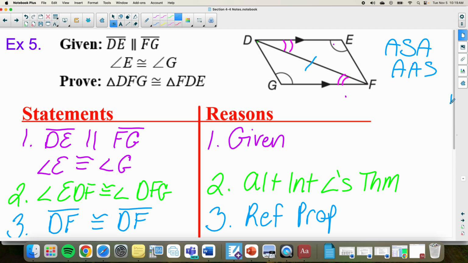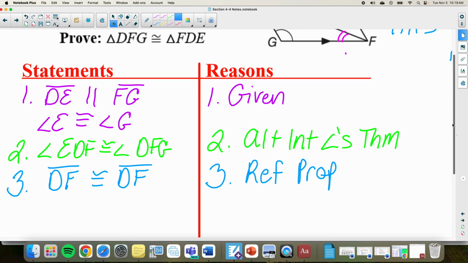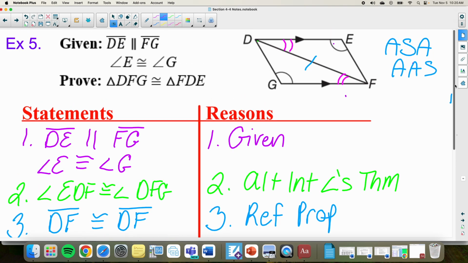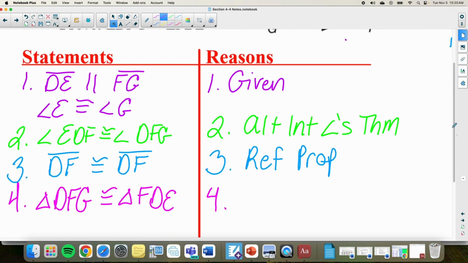So let's go and write that down. So we're gonna say triangle DFG is congruent to triangle FDE, and that is by angle, angle, side. Okay.